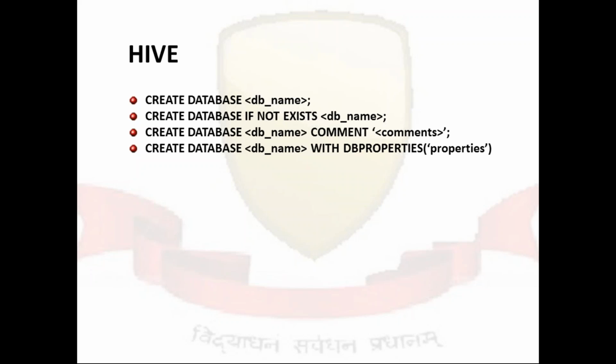It's also common to use databases to organize production tables into logical groups. And if you don't specify a database, the default database is used. So let's go ahead and try to create databases and see the various results for the same.